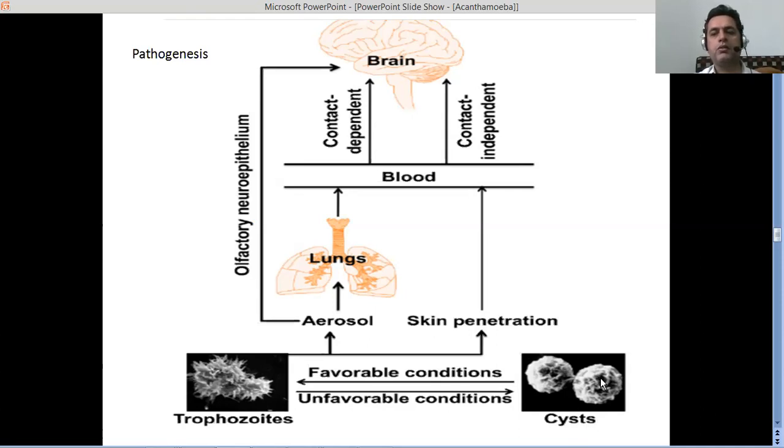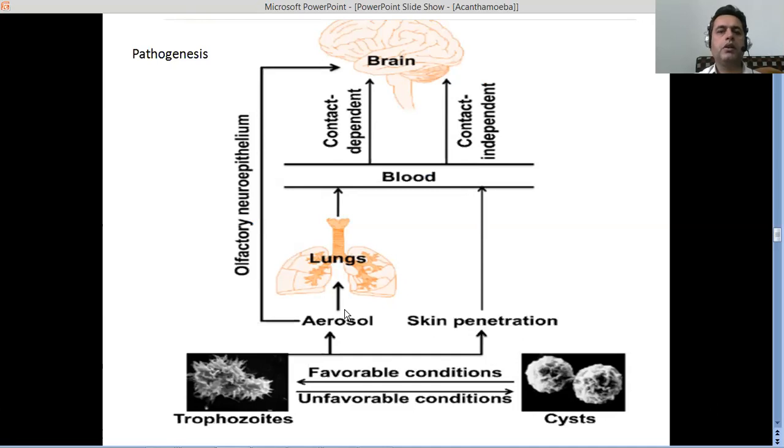And the cyst would look like this. Under favorable conditions, an optimum temperature of 30 degrees Celsius, favorable pH, and nutrients, the cyst would again turn into trophozoites. And the trophozoites then can infect human beings through aerosols or through skin penetration.